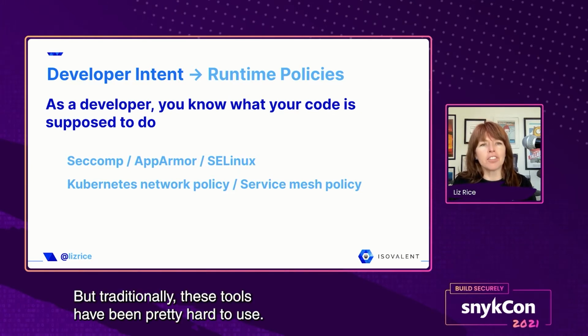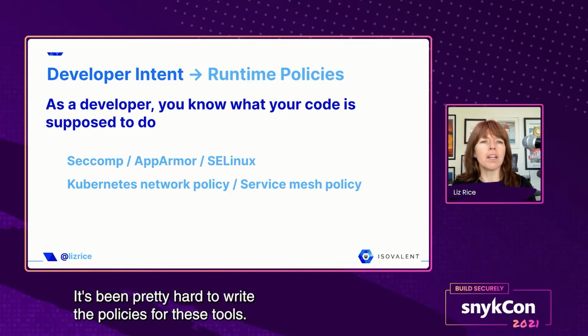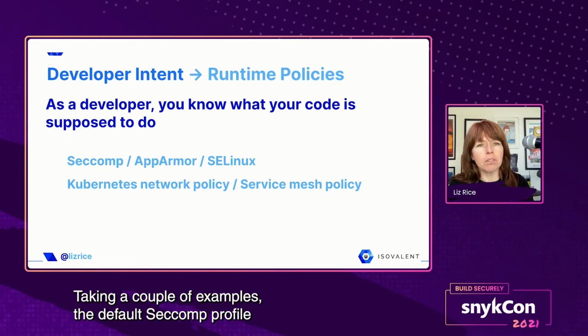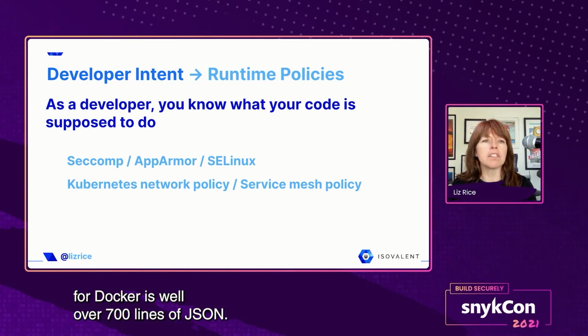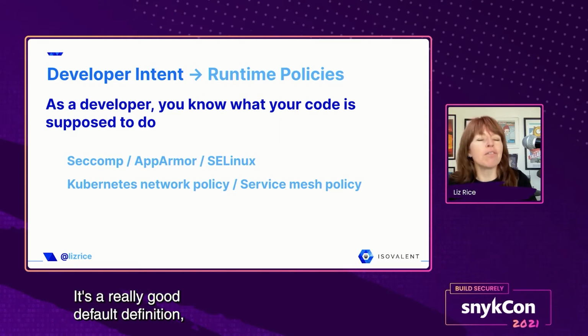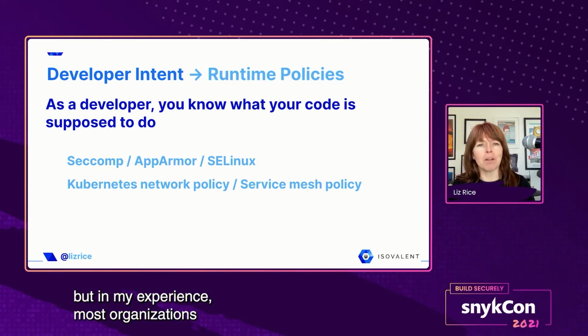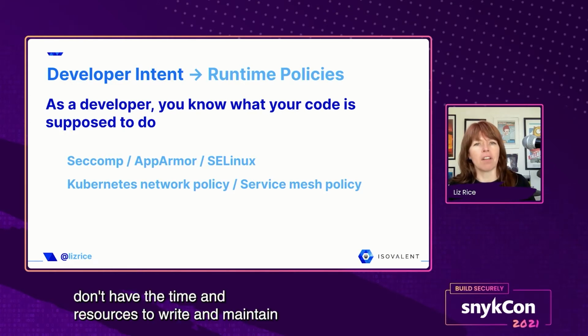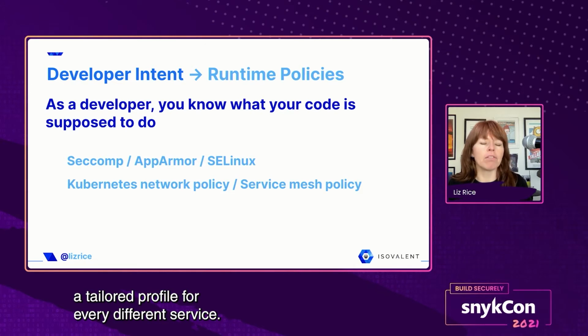But traditionally, these tools have been pretty hard to use. It's been pretty hard to write the policies for these tools. Taking a couple of examples, the default seccomp profile for Docker is well over 700 lines of JSON. It's a really good default definition, but in my experience, most organizations don't have the time and resources to write and maintain a tailored profile for every different service.